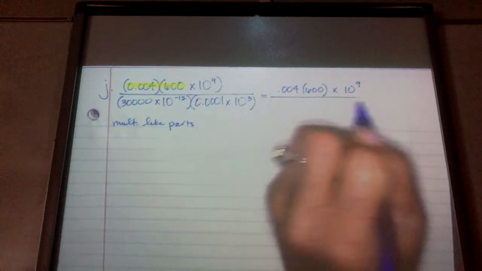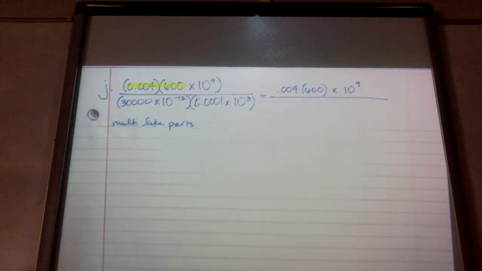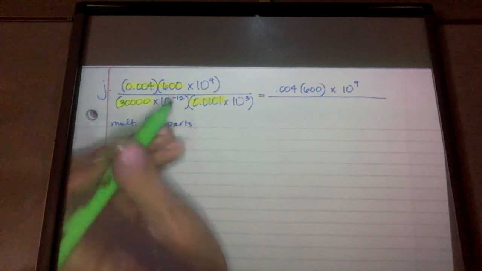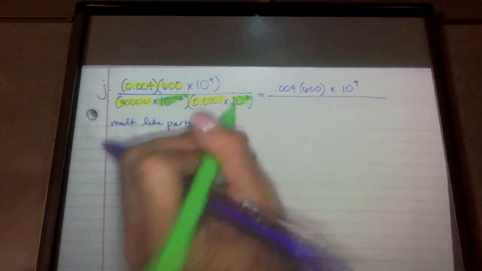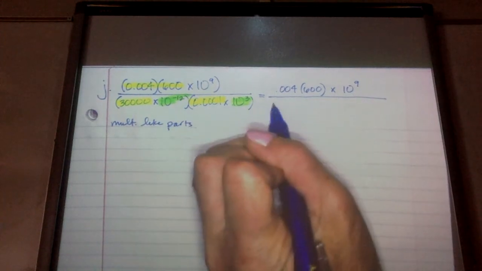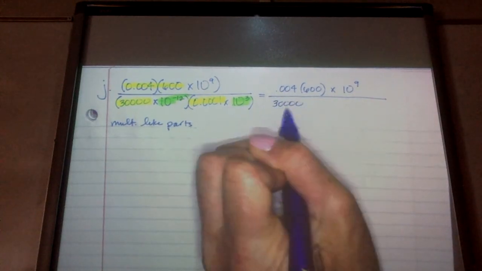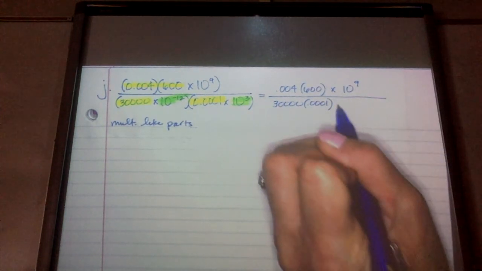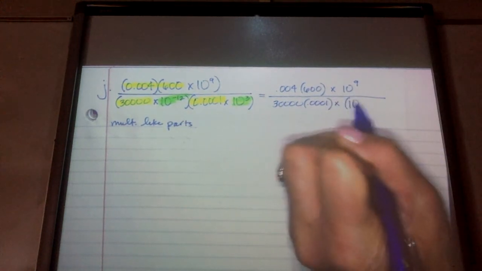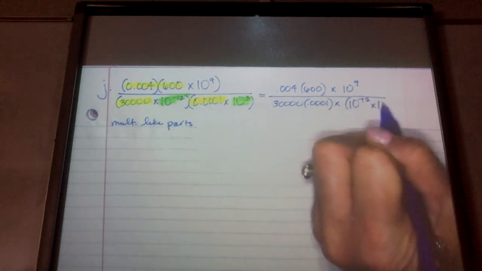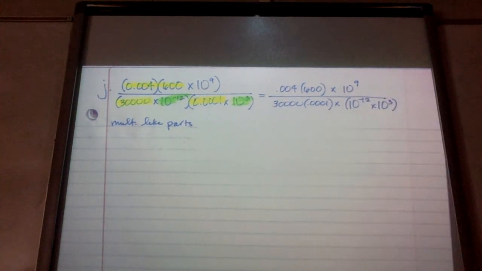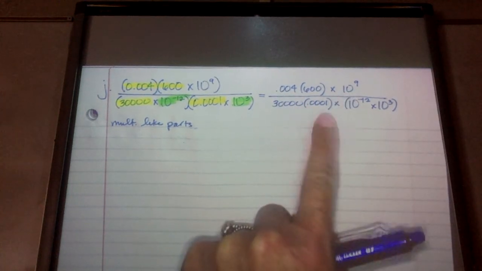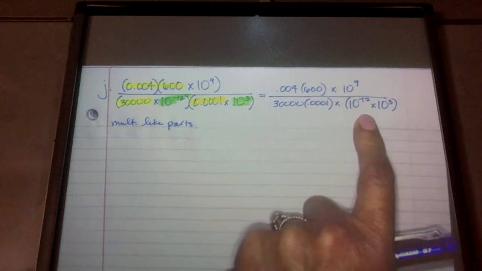On the bottom, I'm going to multiply these like pieces. So under here, I'm going to do 30,000 times 0.0001, times, I'm going to multiply these like pieces. Okay, so notice I'm grouping the numbers and the decimal, and I'm keeping the base 10s together.